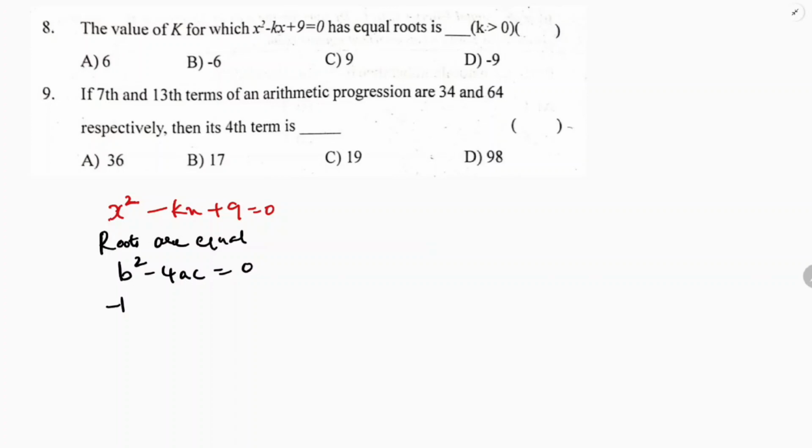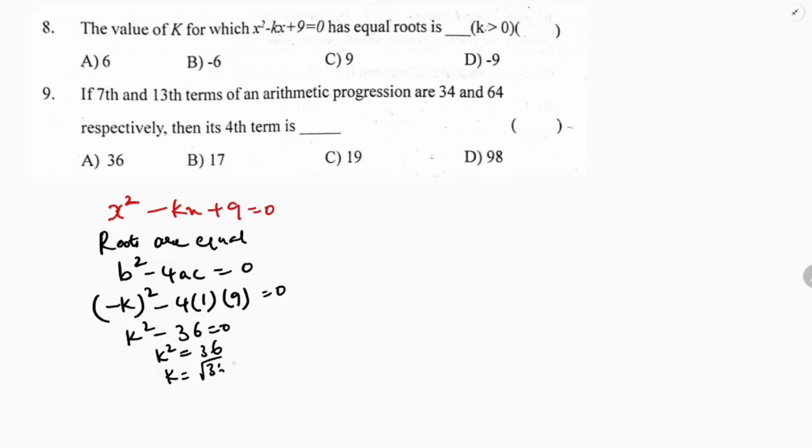Here in place of b we have minus k, 4 times a is 1, c is 9, equals 0. So k square minus 4 times 9 is 36. K square equals 36. So k equals plus or minus root 36, which is nothing but plus or minus 6.